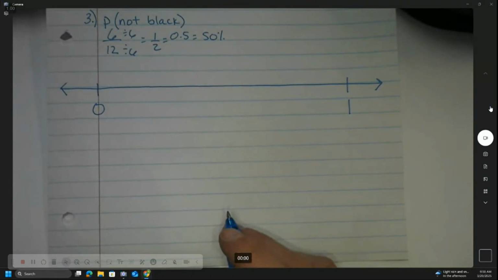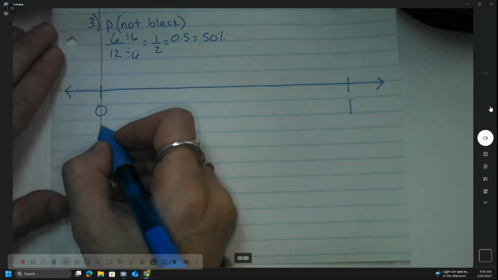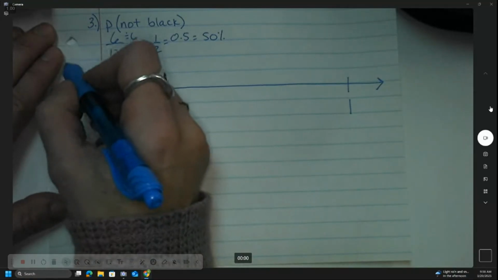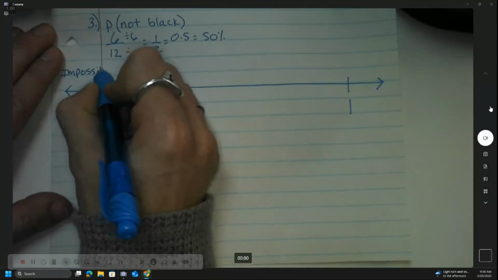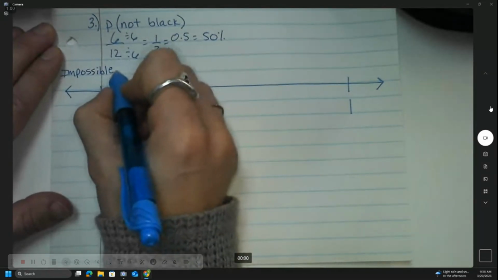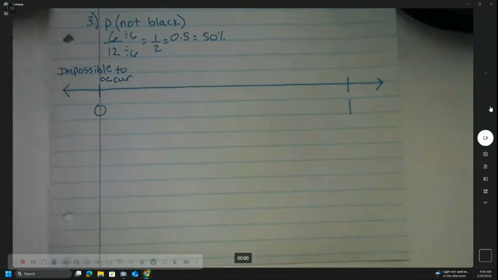Okay? So let's go ahead and write that if you had 0, that means it would be impossible to occur. It's impossible. 0% chance, which means it's impossible to occur. So go ahead and write that. 0%.